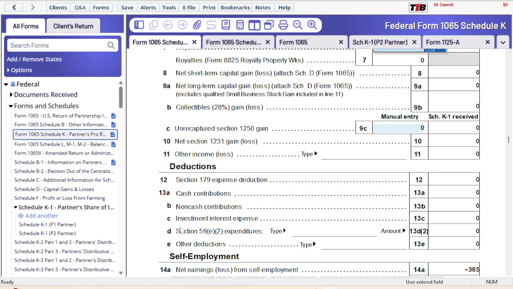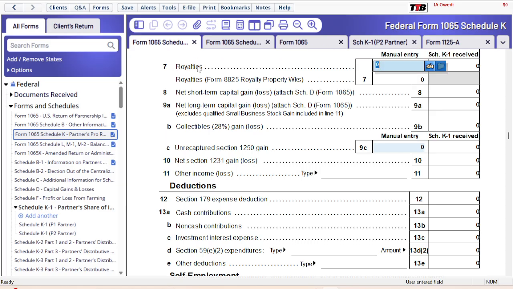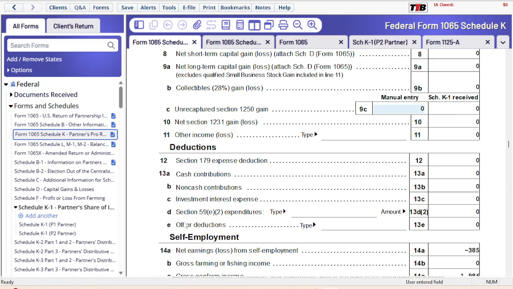Any cash contribution will go on line 13A, and any expense related to investment will go on 13C, but any other deduction will go on 13E, and that is where your royalty expense goes. If you have royalty income, expense related to royalty will go under 13E, other deductions.